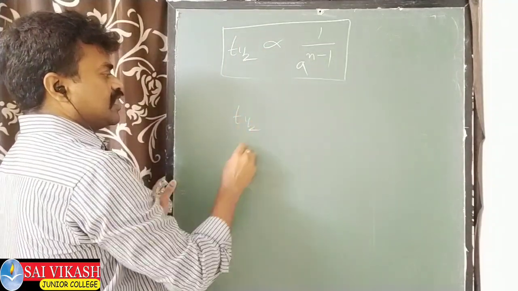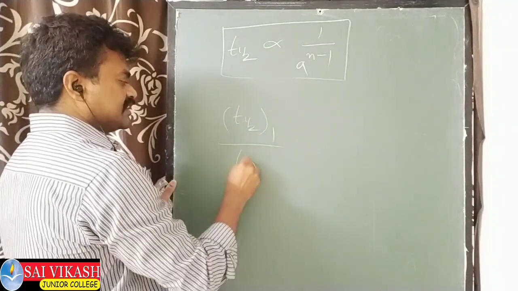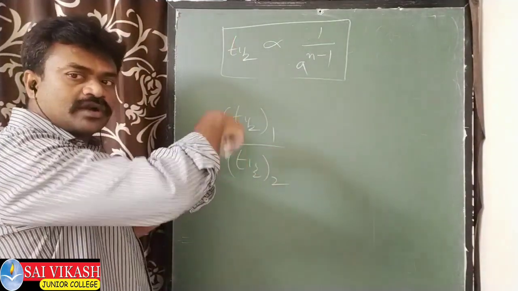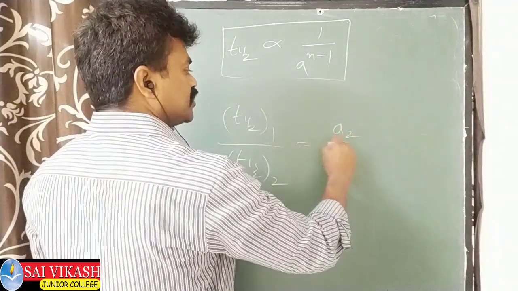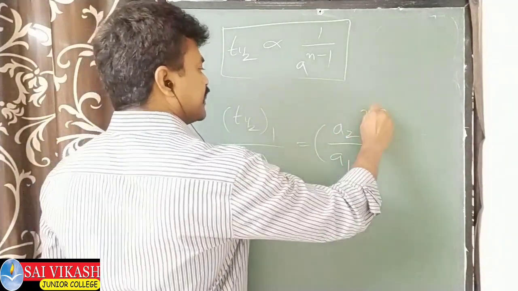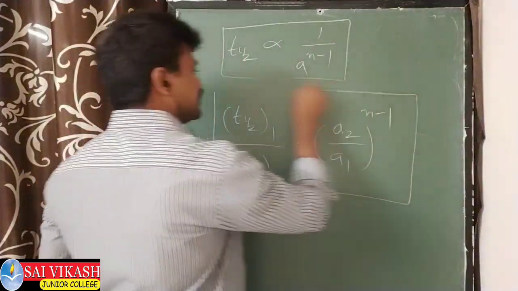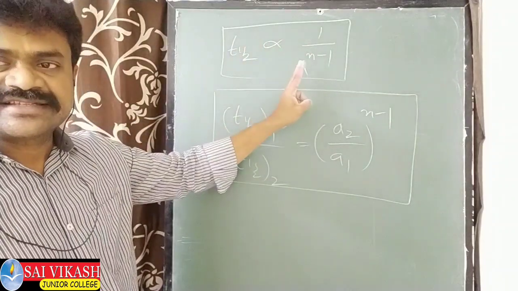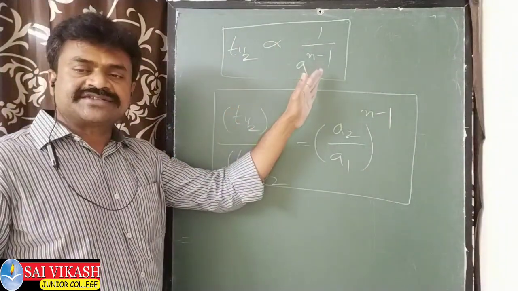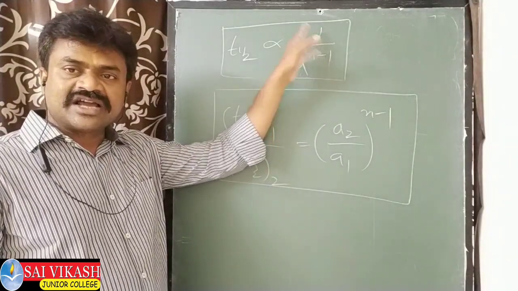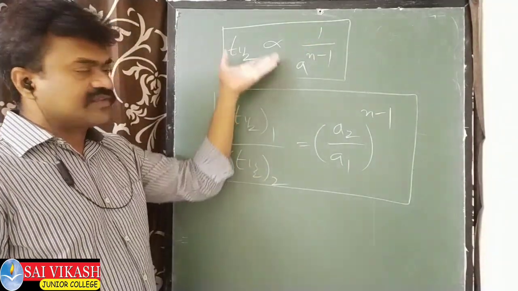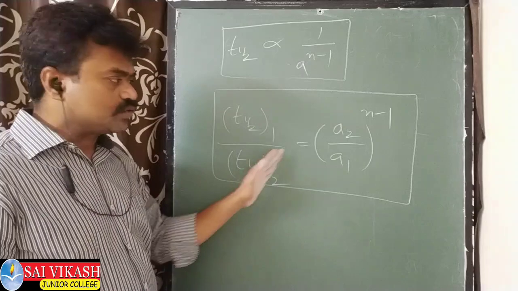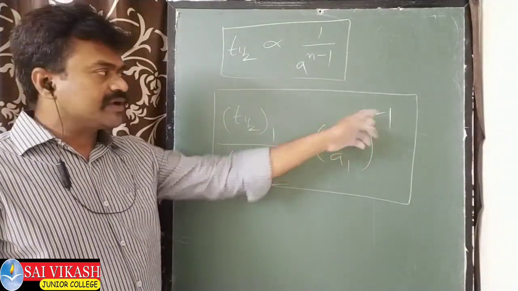So you will get the half-life of the first case divided by the half-life of the second case. The ratio is equal to A2 by A1 to the power n minus 1. We can derive this from the above. If you apply this equation for two cases, with two half-lives and two initial concentrations, to find the order of reaction, you take the ratio and get T half of 1 by T half of 2 equal to A2 by A1 power n minus 1.